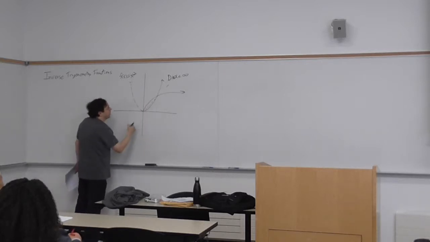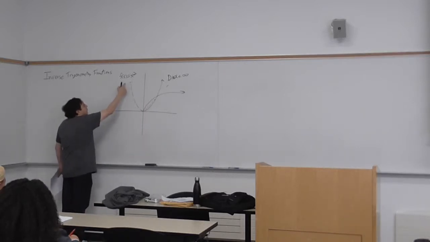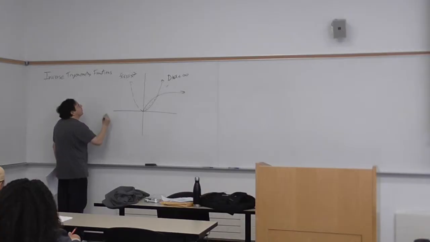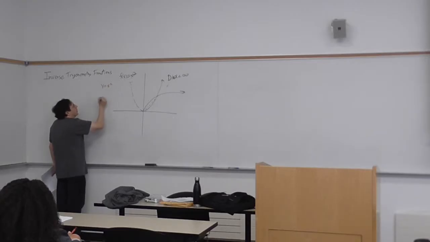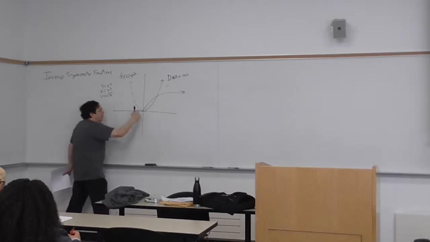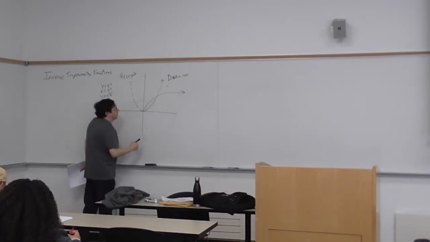y equals x here. And if we use our technique for finding the rule, we would say, well, y equals x squared, but we would switch the x and y. And then we would solve for y, and we would find the square root of x. The positive square root of x being this side.